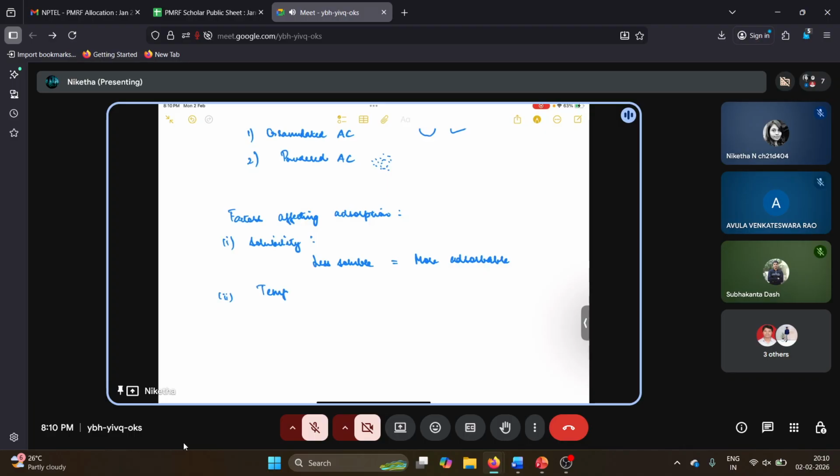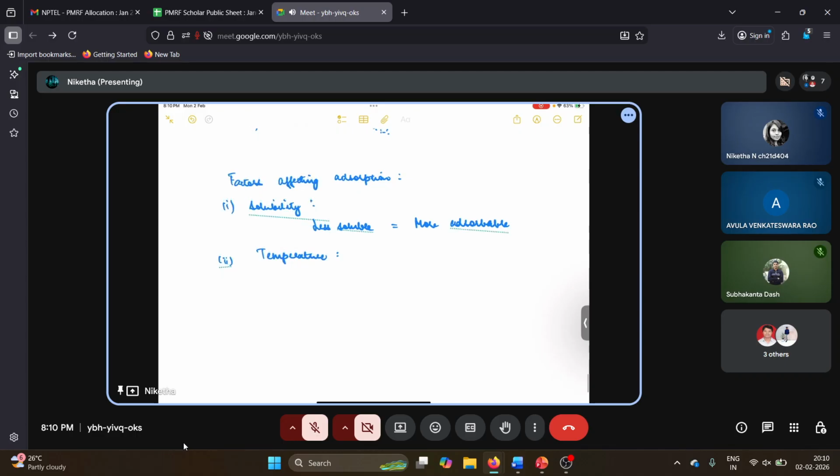And then the second factor is temperature. When the temperature is high, your physisorption will be less.